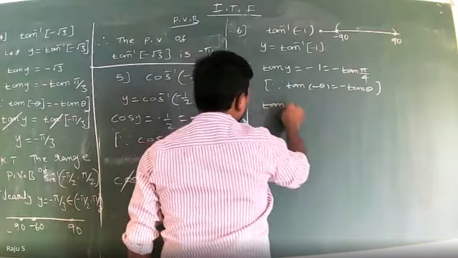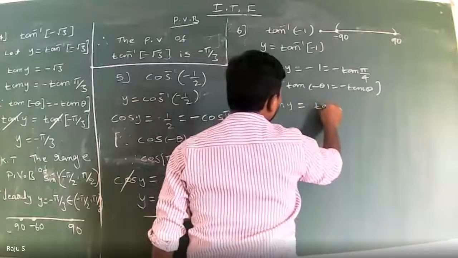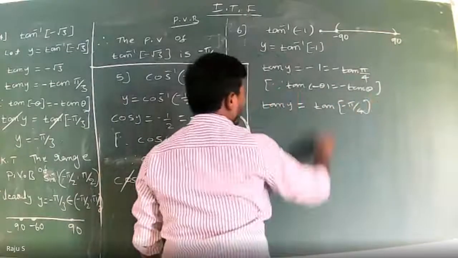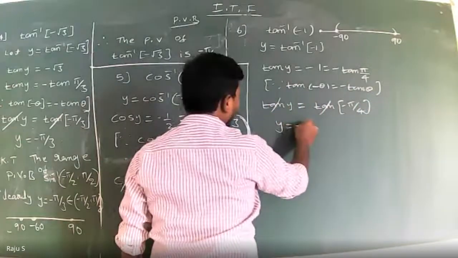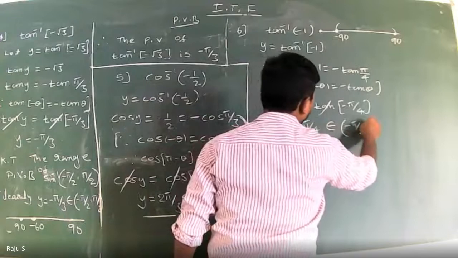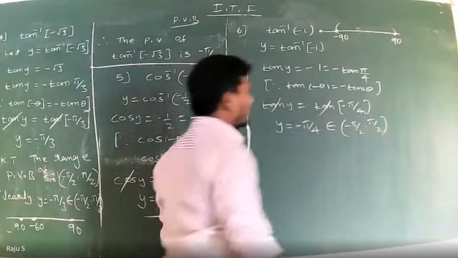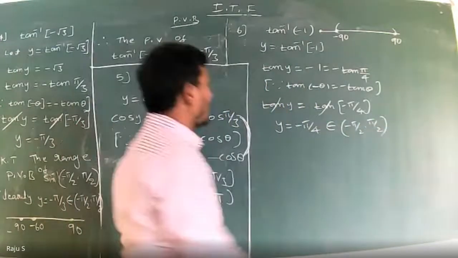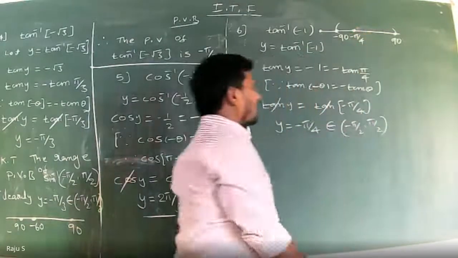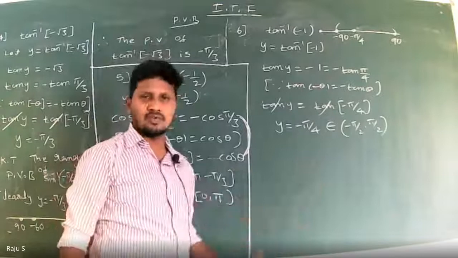So tan y is equal to tan of minus pi by 4. Now cancel: y is equal to minus pi by 4. Now does it belong to the open interval minus 90 to plus 90 or not? Yes, exactly. So minus 45 will be here. Clearly it belongs to the interval.